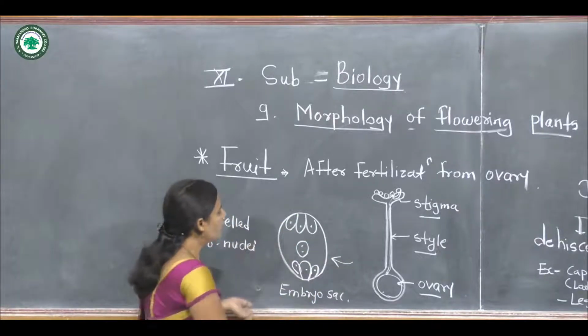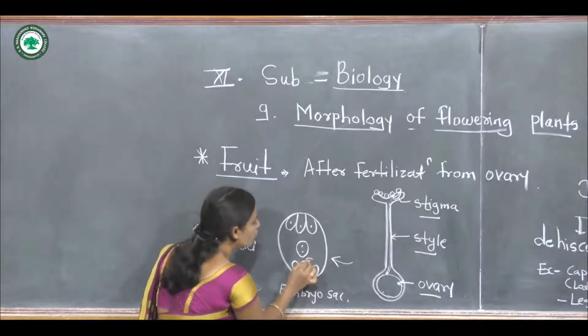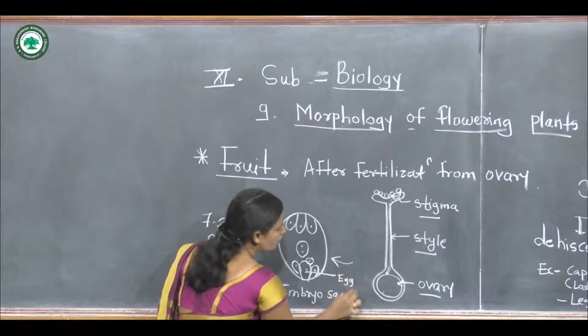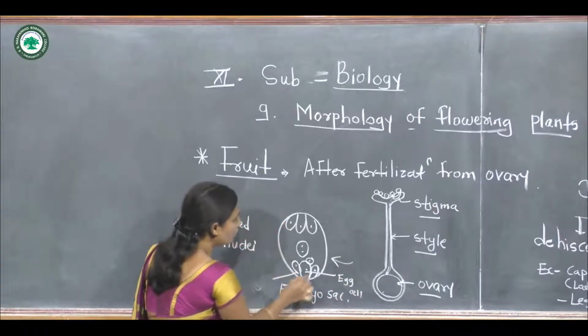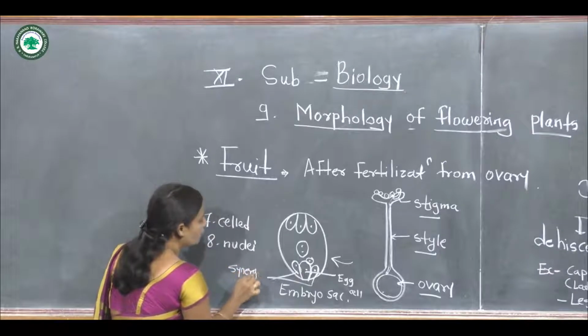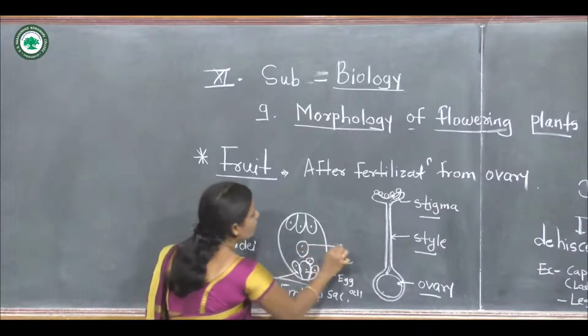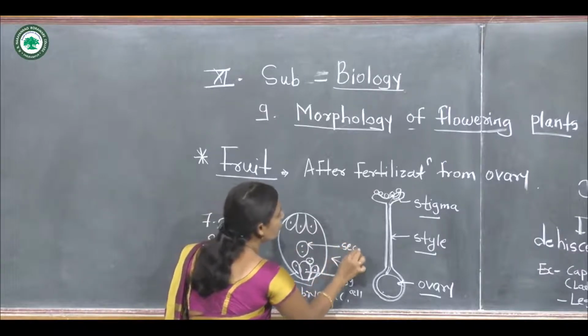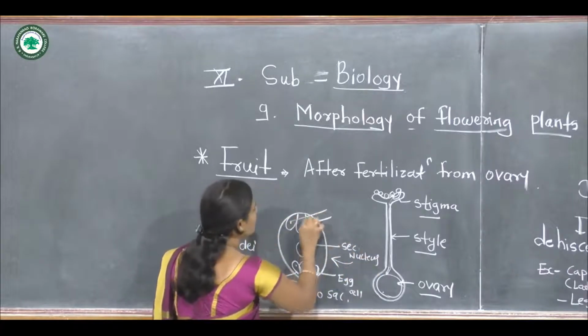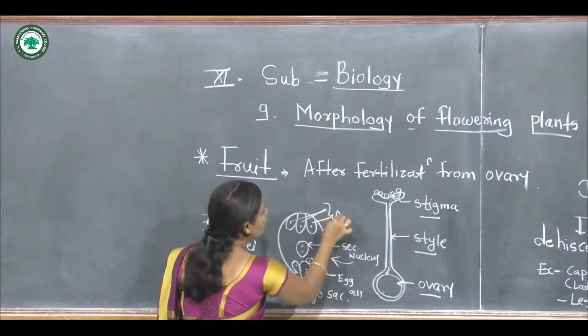At that time one male gamete is fused with the egg cell. The other two cells are synergids. This is the secondary nucleus, and three cells are antipodal cells.